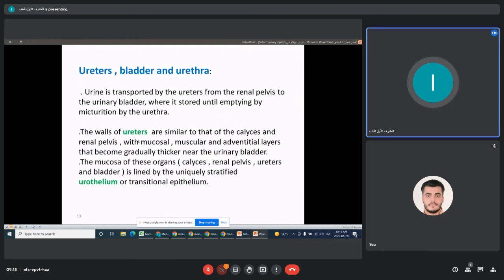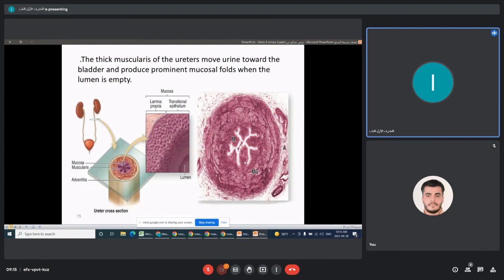Starting from the first part, which is the ureter. Here are the ureters. These are the kidneys, and a ureter from each kidney will pass down and drain into the urinary bladder, and then from the urinary bladder here is the urethra.